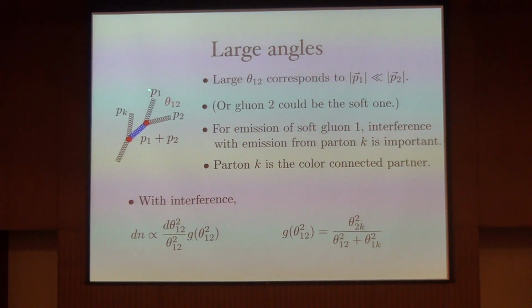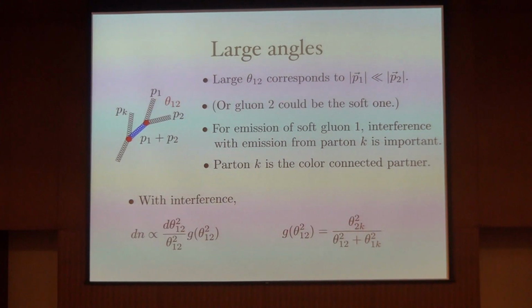So the absolute value of P1, that's the transverse amount of P1 transverse to the beam. Or it could be, if this is like a positron annihilation, it could just be the absolute value of P1. Either way, if P1 gets to be very, very small, that corresponds to large theta 1, 2. And that means that the gluon is what we call soft.